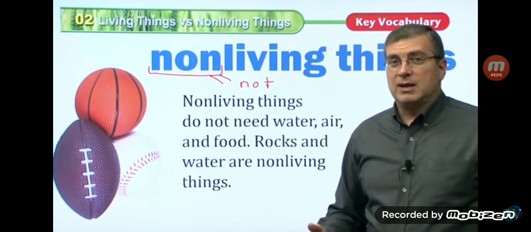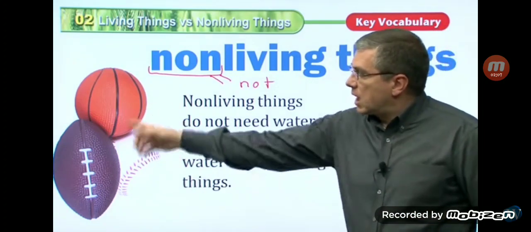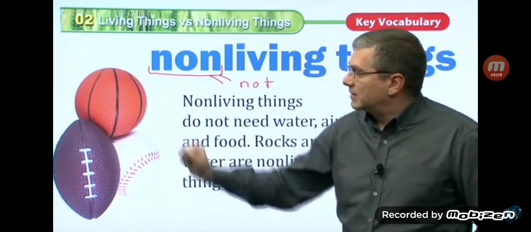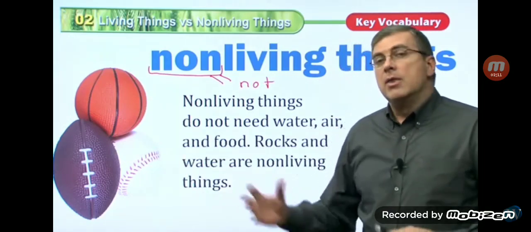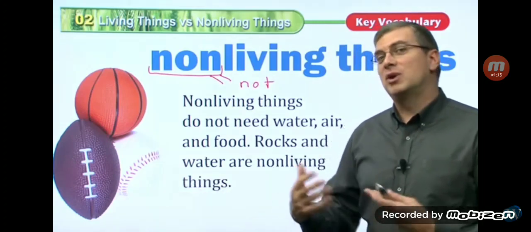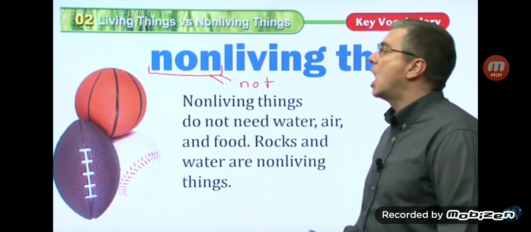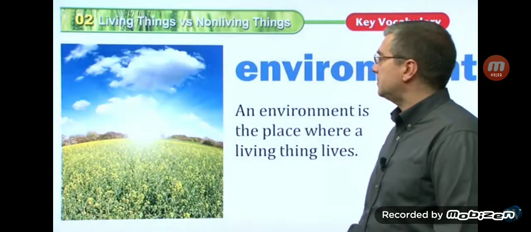They don't have bodies. They don't have parts to move. An example of a non-living thing is a football, or basketball, or baseball. Those things are not alive. They do not breathe. They're not living things. They're non-living things.